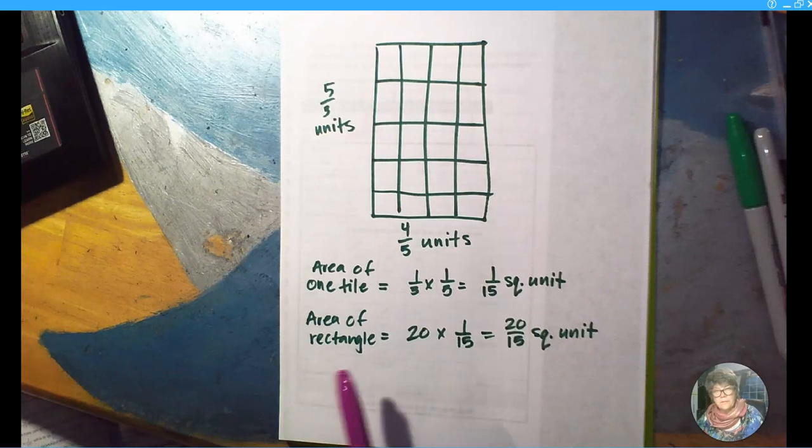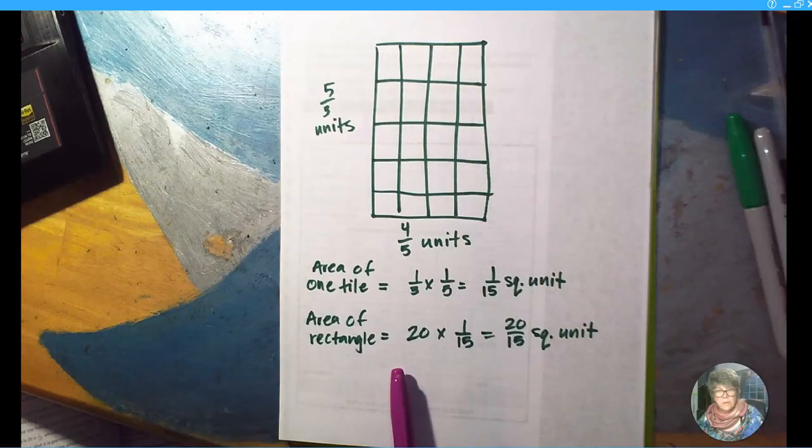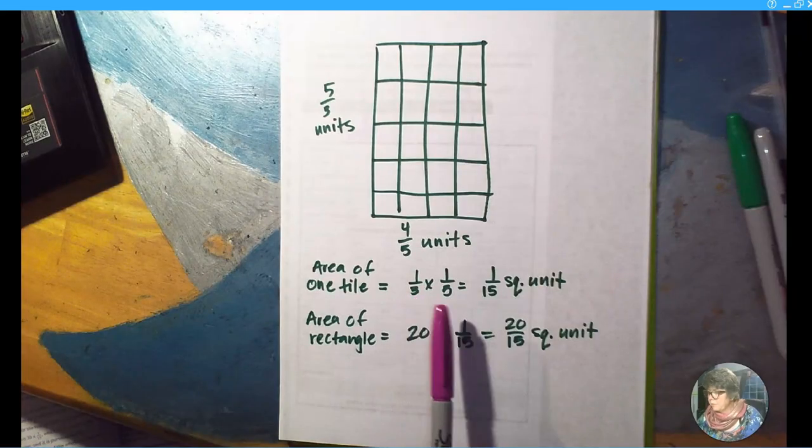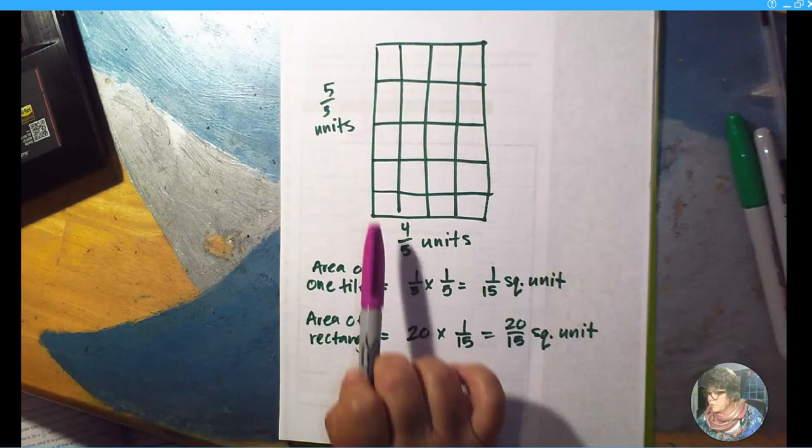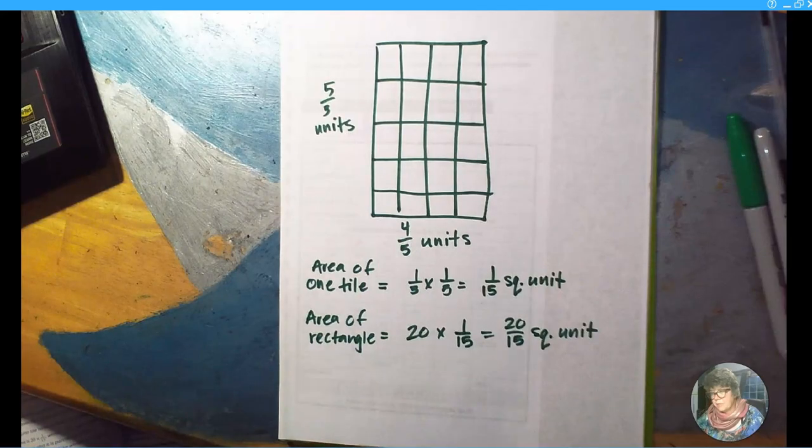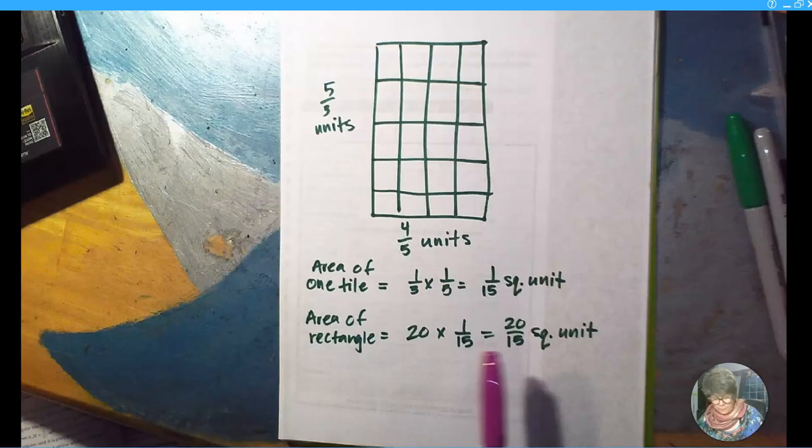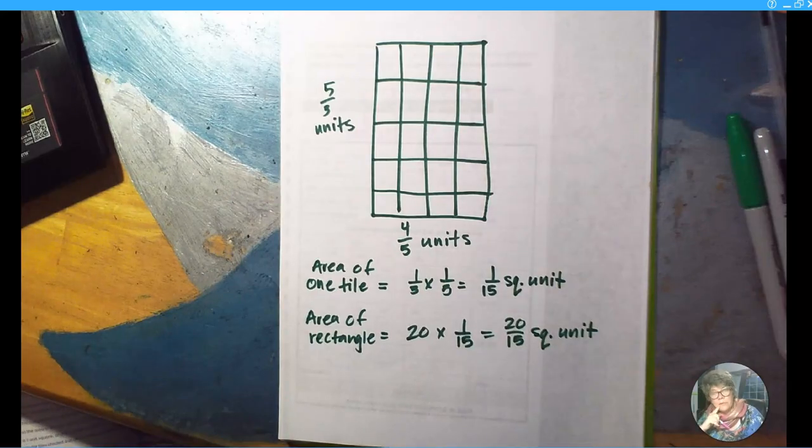And here we have some multiplication. So 1/3 times 1/5, one of these would be 1/15th square unit. And then there's 20 of them. So 20 times 1/15th would be 20 15ths square units. A little bit of a different way to look at it.